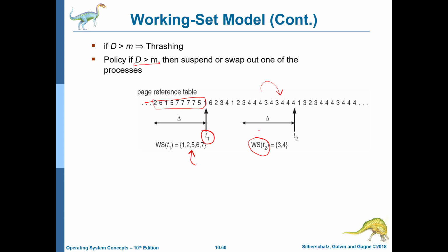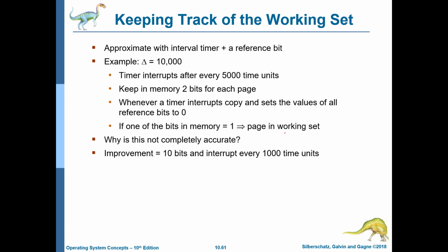I mistakenly said thread, but T1 and T2 stand for time. So at a different point of time, of course, the working set has changed. Instead of 1, 2, 5, 6, 7, which were the dominant accesses at this point, we can set the working set to just 3, 4. That's all. So the working set in itself changes.